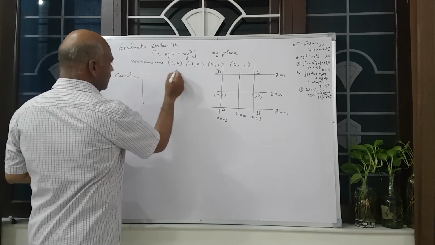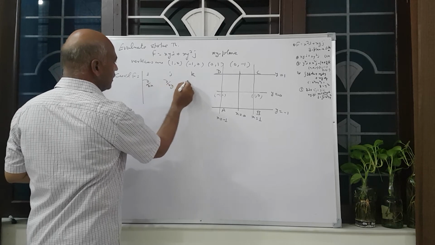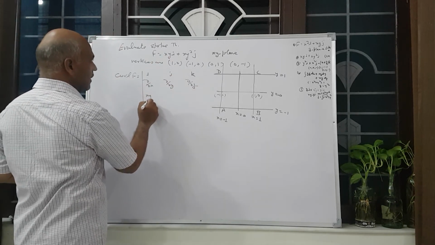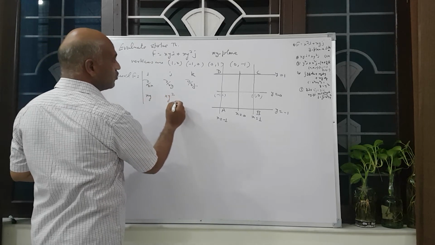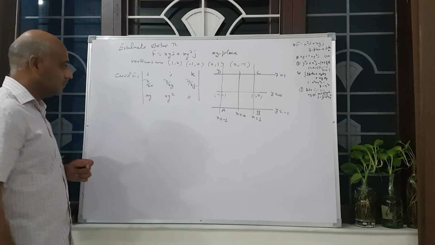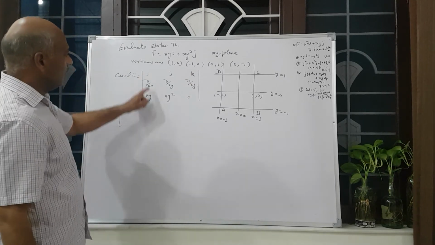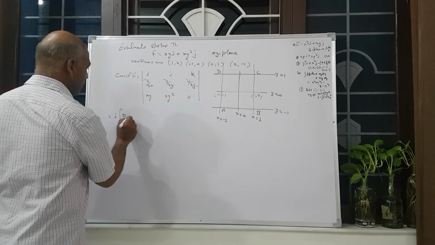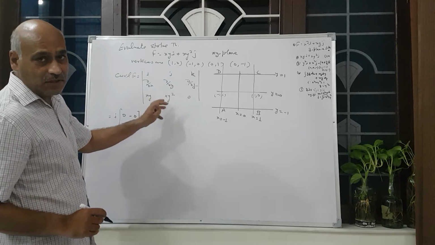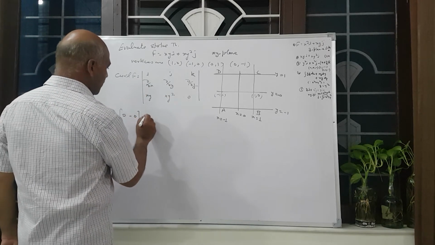i, j, k, del by del x, del by del y, del by del z, xy, xy square, z. Curl. So this is i, 0 minus partial differential of xy square with respect to z, 0, plus j.